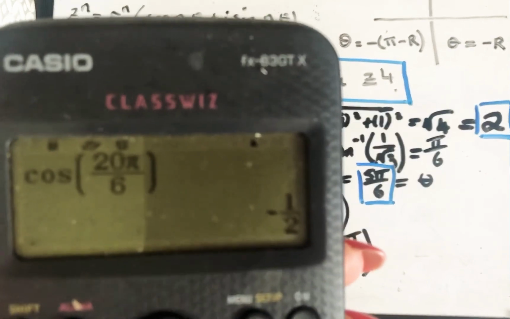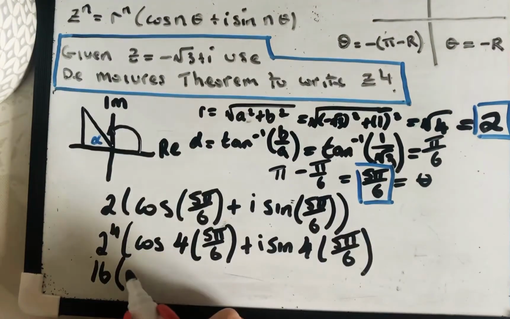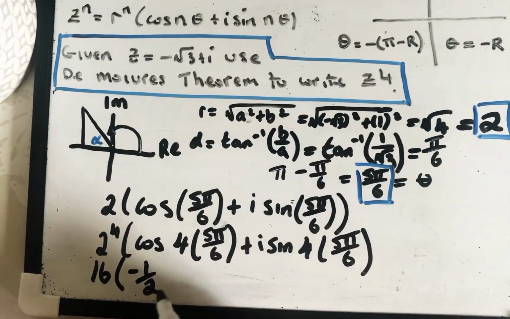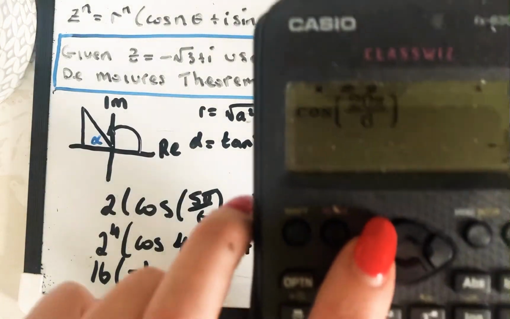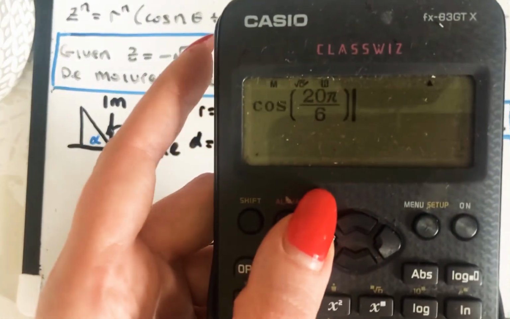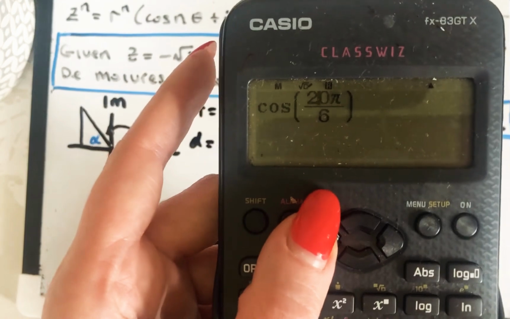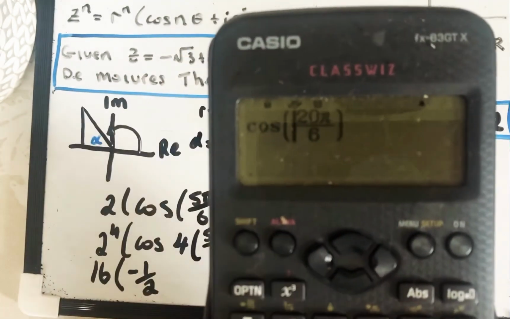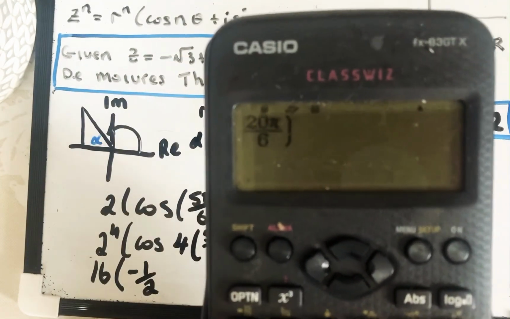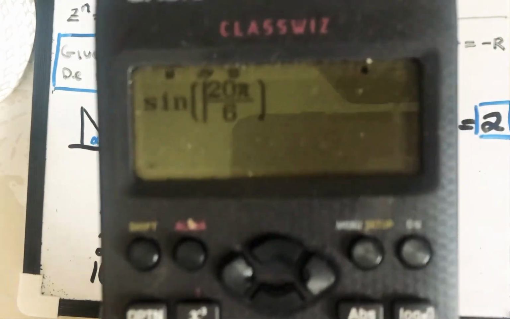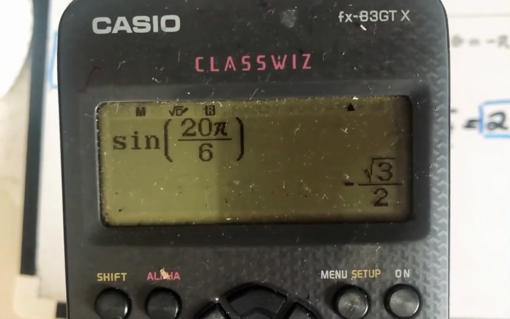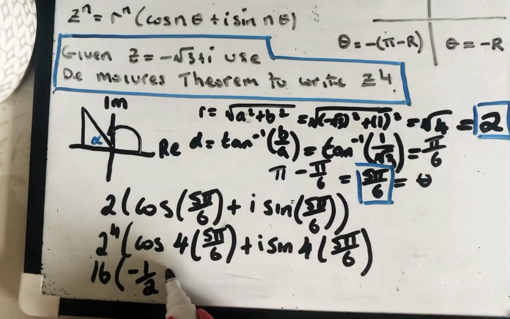And we get minus a half. So we have minus a half there for this. And then we're not going to go and delete everything. We're just going to press the back button and delete that part now and put in sine instead. And we get out minus root 3 over 2. So minus root 3 over 2 i.